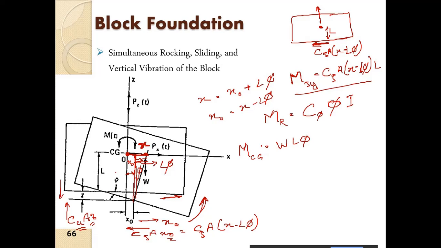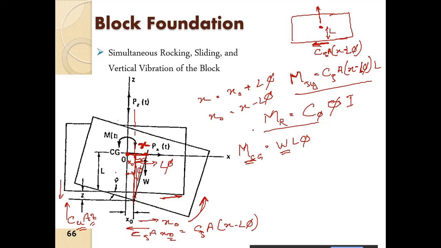If I consider x naught in the M CG, then I will also have to consider x naught in the moment of resistance here. That will actually be negated by the soil resistance, so we need not consider that moment. Whatever moment is coming due to the rotation of the CG from the vertical axis through the point O, that we will consider for the moment for the displacement of the CG about this axis. So that is the rotation here.